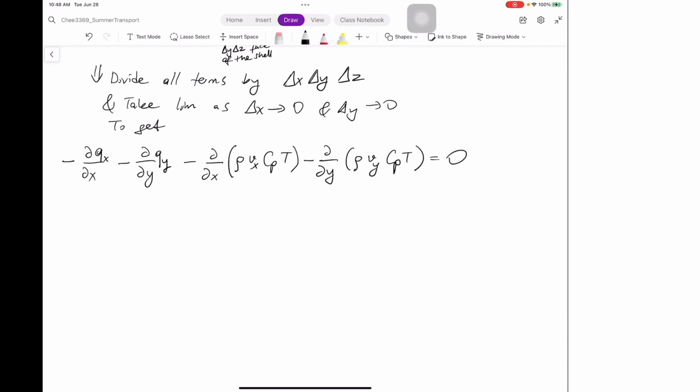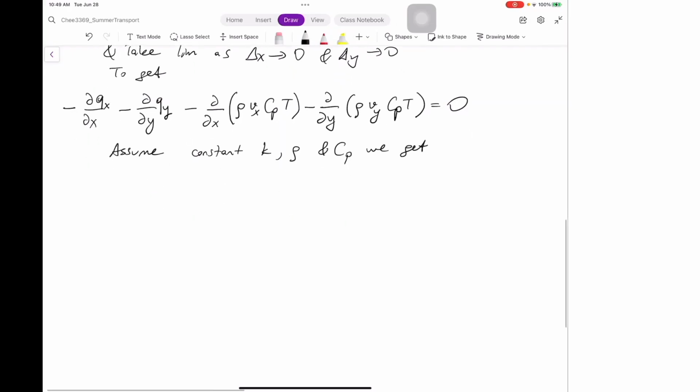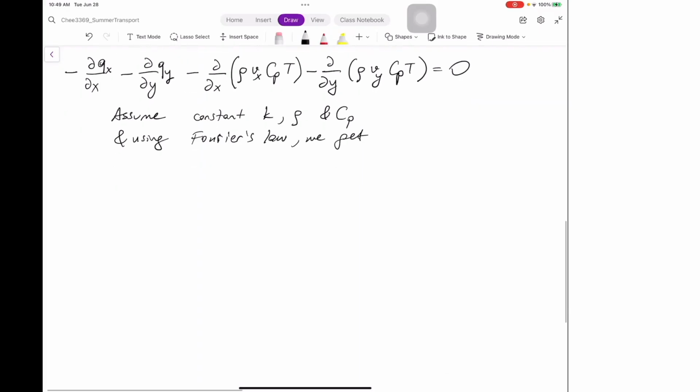And assume constant k, rho, and Cp, and using Fourier's law, we get the following.